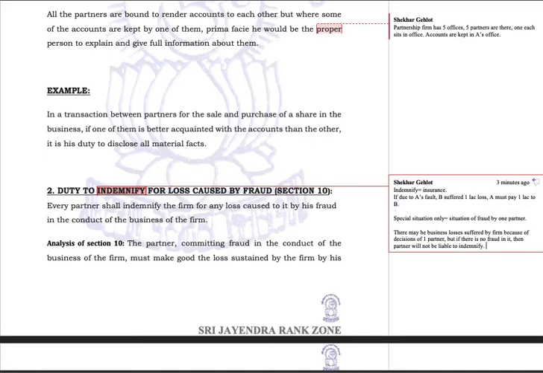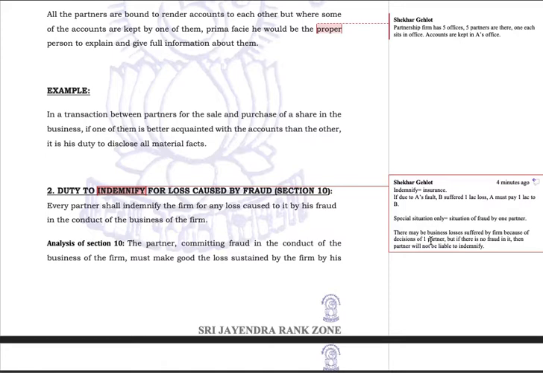Now the firm has suffered a loss, and because the firm collectively has suffered the loss, it shall be distributed between all the partners. Whose decision was it? It was the decision of one partner alone.